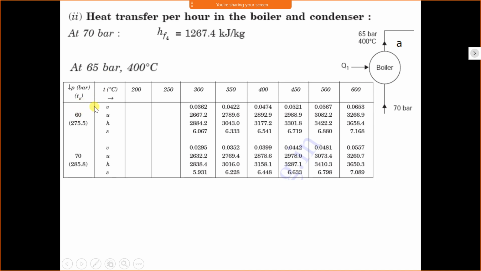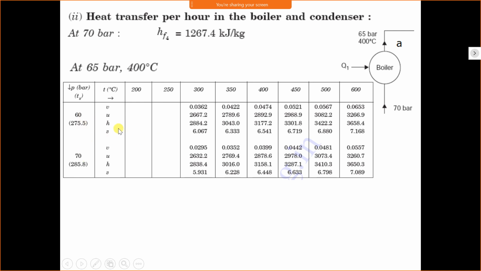we will get, look at here, I have taken this image from the steam table. In the steam table 60 bar is given, 70 bar is given, 65 bar is not given. Therefore we have to take the average value of 60 and 70.